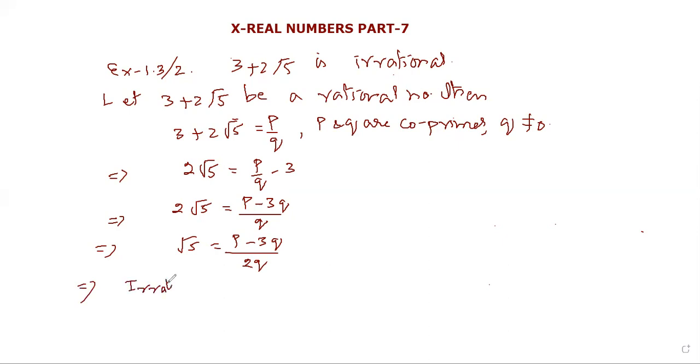So it is an irrational number, and the right hand side is a rational number. You can elaborate that p minus 3q is an integer, and 2q is also an integer. Therefore, the ratio is a rational number, which is a contradiction.